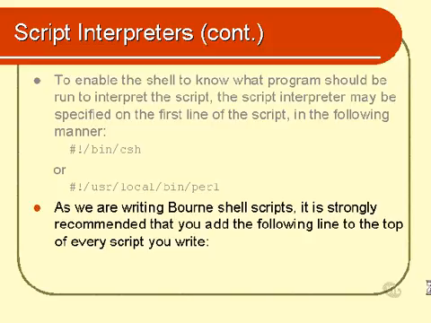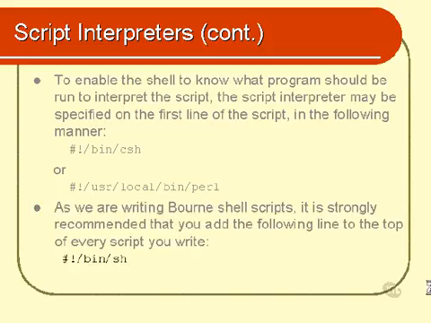So what I advise all of you, as quickly as possible, get into the habit of writing scripts with a script interpreter specified on the first line. So in other words, if it's going to be a Bourne shell script, you would put that line at the very beginning of each script that you write. If you don't put it there, your script will not run correctly if it is started by someone who is not using the Bourne shell as their login shell.